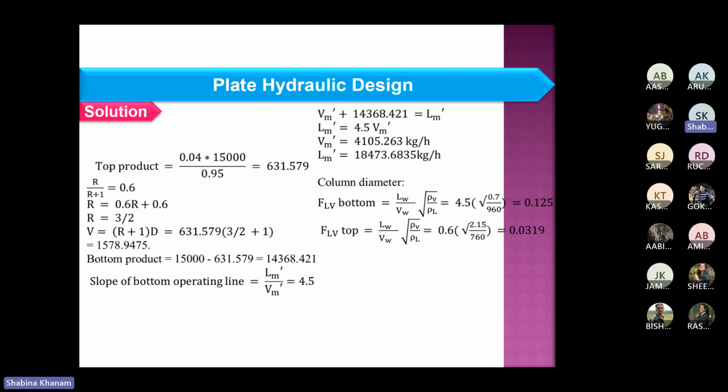I hope you understand all these balances that you must have read in your mass transfer course. And here I'm having a reflux ratio, we are given as R by R plus 1.6 actually.